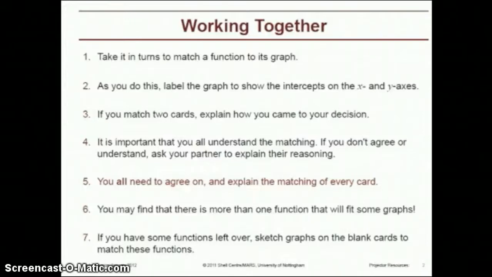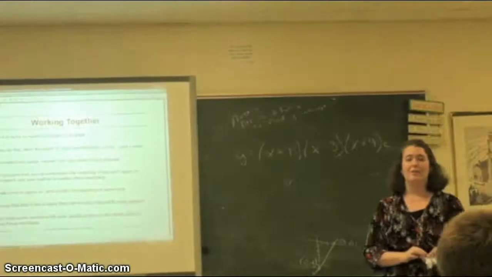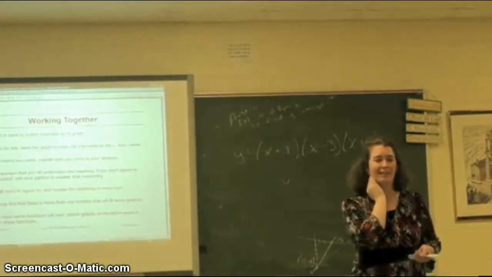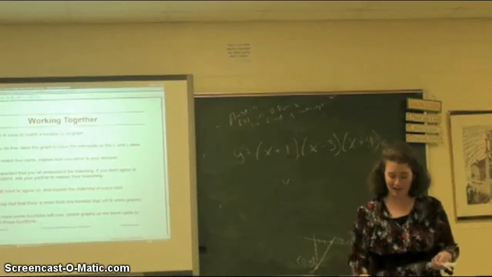So you have to match them and your partner has to match them. Listen, this is important, you may find that more than one function goes with the graph. And on some of them, if you have some left over, you draw the graph. Okay? The other thing is put your calculators off the table. You won't need your calculators.